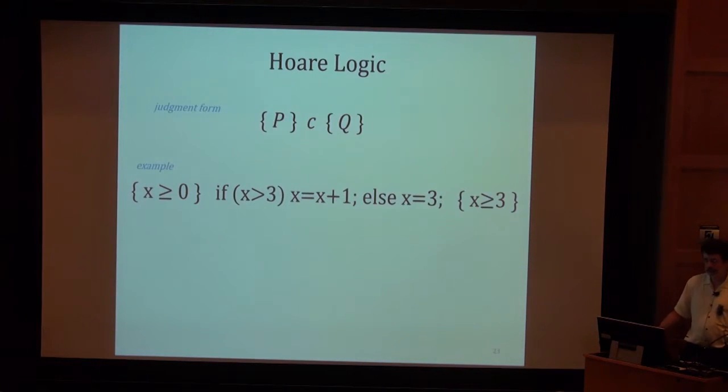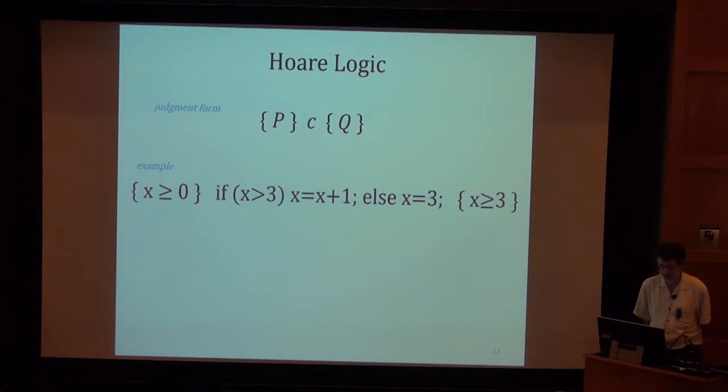We'll start with, I don't know, 1973 or something, 1971, Hoare logic. So a Hoare triple has a precondition that's an assertion about the state of the program at this point in its execution. It has a command, and it has a postcondition.